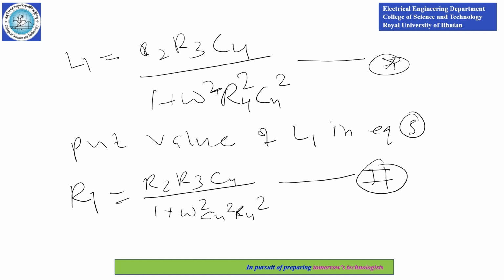Putting the value of L1 in equation number 3, we obtain R1 equals R2 R3 C4 divided by 1 plus omega square C4 square R4 square. So this is the derivation for the unknown values of L1 and R1.